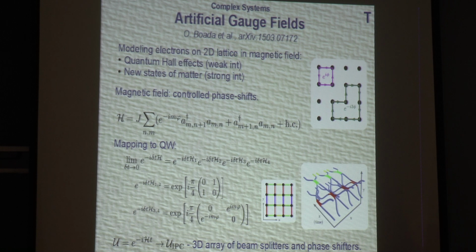In this way, this model can be simulated on a 3-dimensional array of beam splitters and phase shifters. Here is the picture of how the phase shifts have been implemented, and we can compare these 2 pictures to see which operation is applied on a certain node.